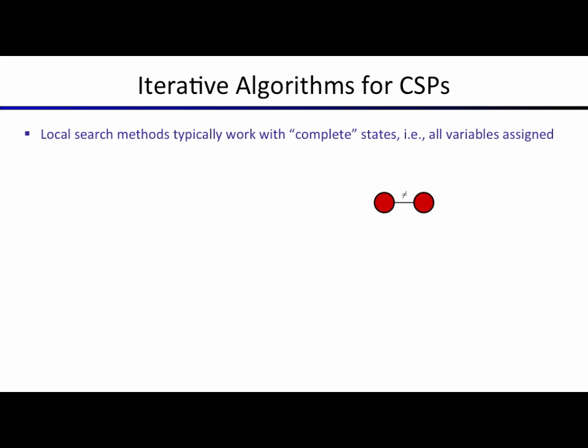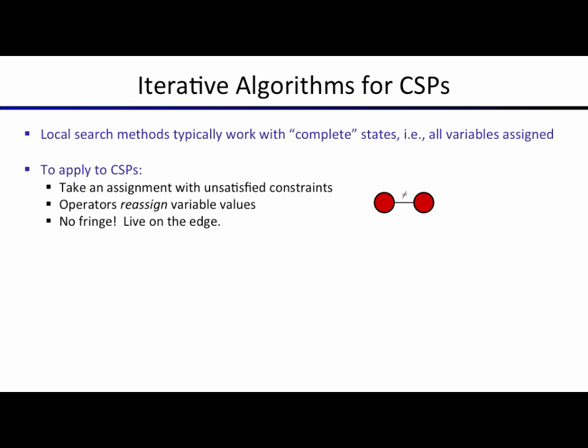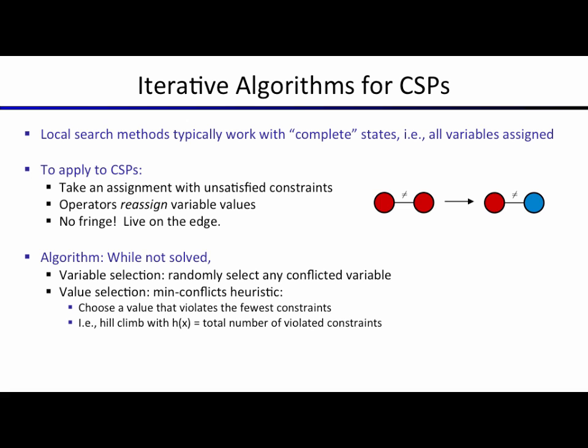Okay, so the idea here is, let's say we have these two variables in our CSP, we're going to assign both of them, and we might assign them both red if we start with a random initialization. But not to worry, we can do this search where we define neighbors or successors as: take one variable and change it to something else. So here's the algorithm. While we haven't solved the CSP yet, we randomly select any conflicted variable.